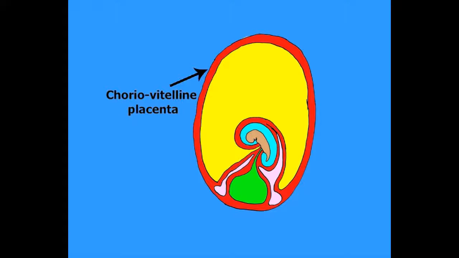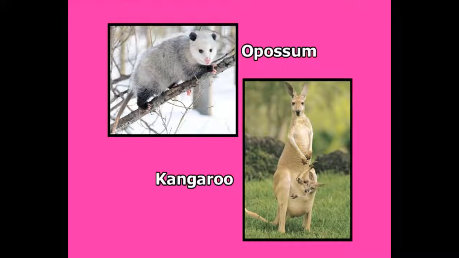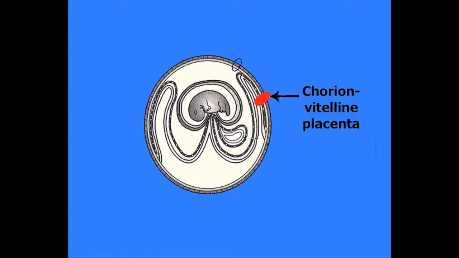It is a primitive type of placenta found in some of the marsupials. Example, opossum and kangaroo. In this type of placenta, the allantois remains comparatively tiny and never fuses with the chorion, while the yolk sac becomes very huge and combines broadly with the chorion.